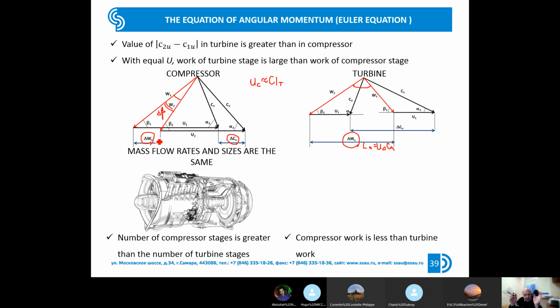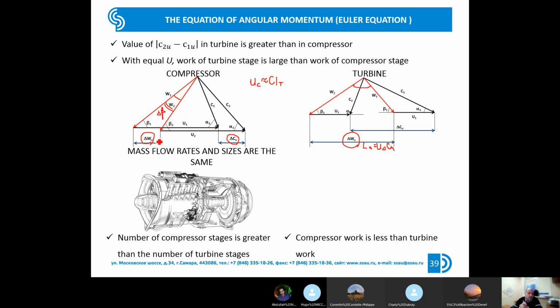Driving 6, 7, 10, 12 stages. So if the mass flow rate is approximately the same, and the circumferential velocity is the same like in a typical gas generator, the number of compressor stages is usually greater than the number of turbine stages.